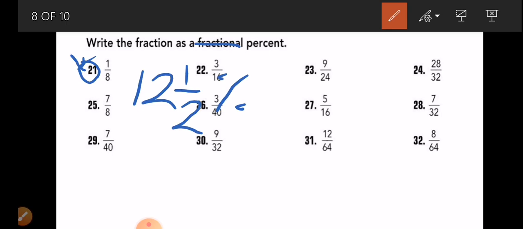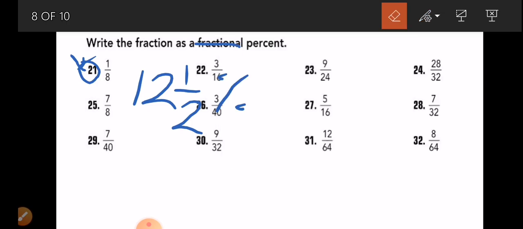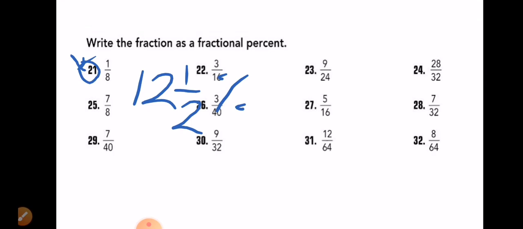Okay, why did I tell you to put it as a remainder? Because of this word. What does this word mean? It means that I want it as a fraction. Fractional percent means if you have a remainder, keep it as a fraction. So once they tell you a fractional percent, it's obligatory to put it in this form.